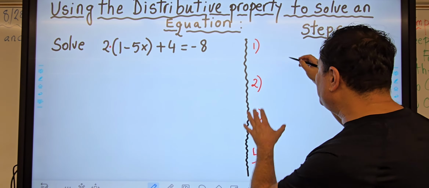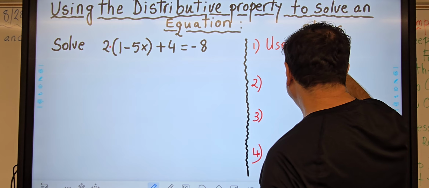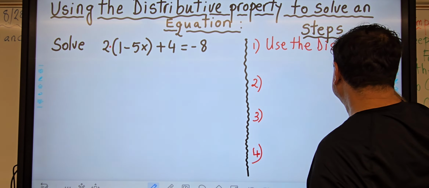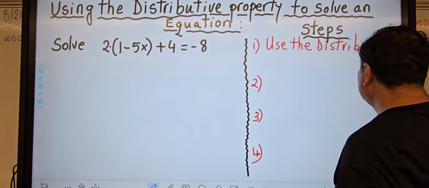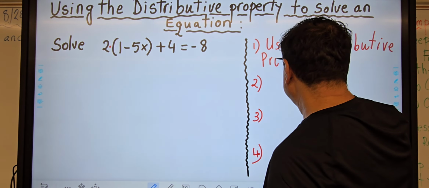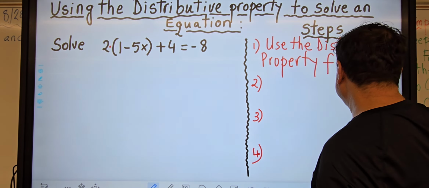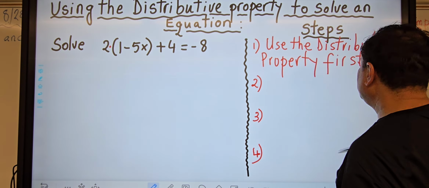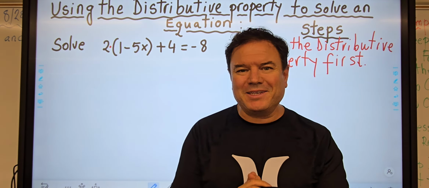So step number 1 would be to use the distributive property first. We are going to use the distributive property in order for us to get rid of those parentheses.